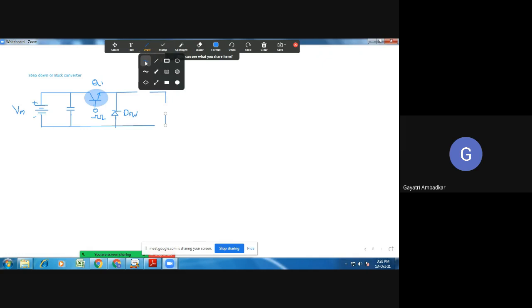So we are using an LC filter. There is inductor L, and then there is the second capacitor C2, part of the LC filter.